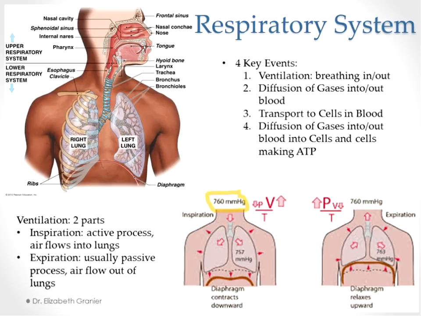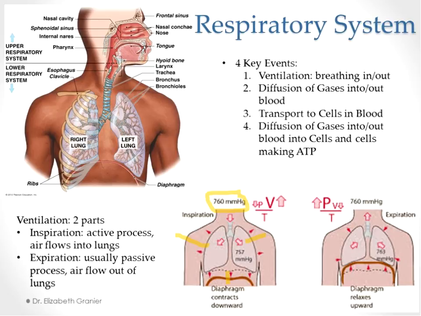All right? In your lungs, to make air flow in, you cause yourself to inhale. And by inhaling, the diaphragm pulls down, the chest pulls out, and the volume in the lungs increases. And by Boyle's law, which is one of the laws you have to know, when volume increases, pressure is going to inversely decrease. And with that happening, your intrapulmonary or intra-alveolar pressure is going to go to 757 millimeters of mercury.